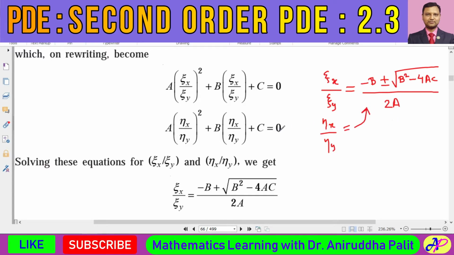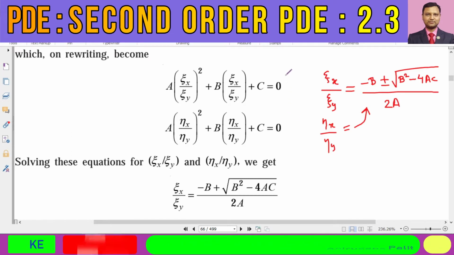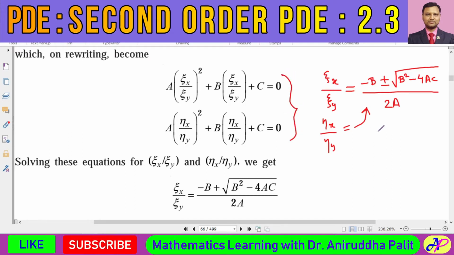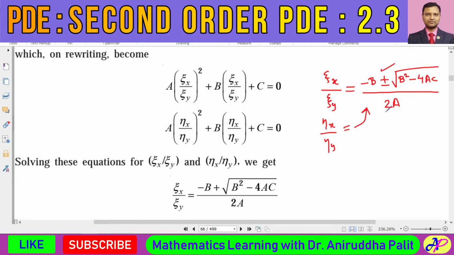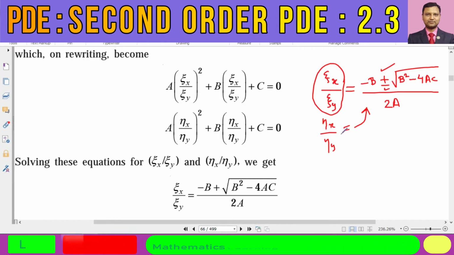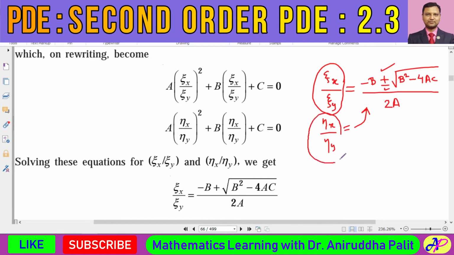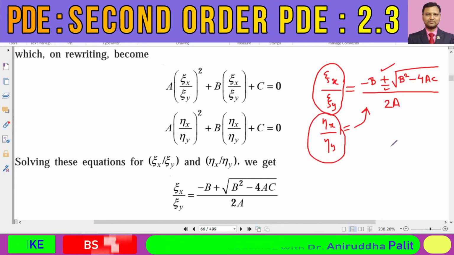So whenever you solve these two relations, you are ultimately going to get the same roots. So we can consider any one symbol, say the positive symbol, for the value of xi x by xi y, and then we can consider the negative symbol in order to consider the value of eta x by eta y.